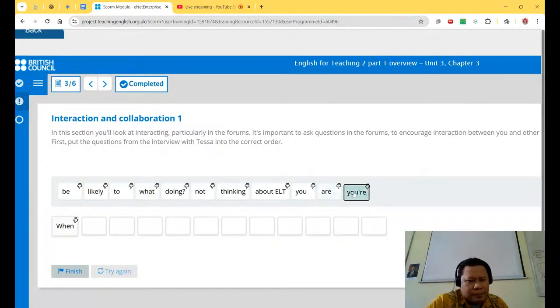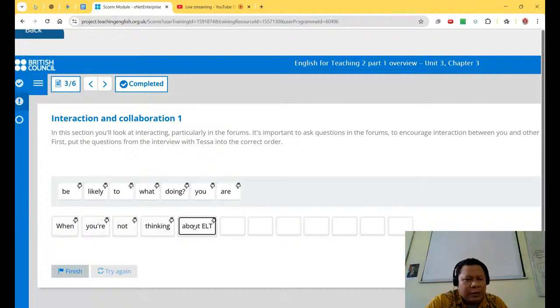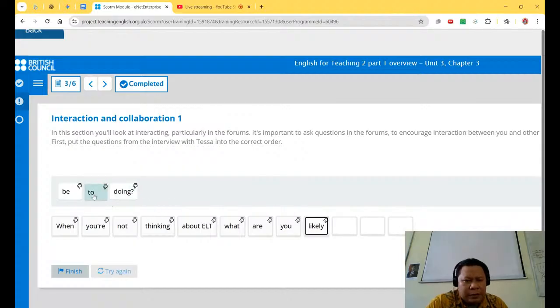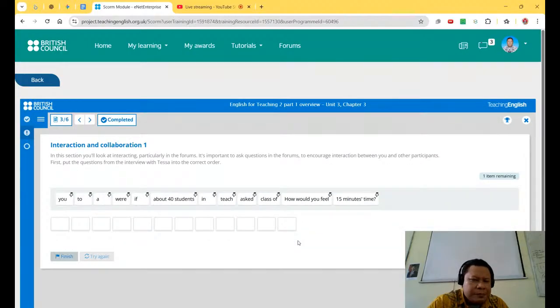So let's make a sentence first. When you're not thinking about ELT, what are you likely to be doing? Nice.